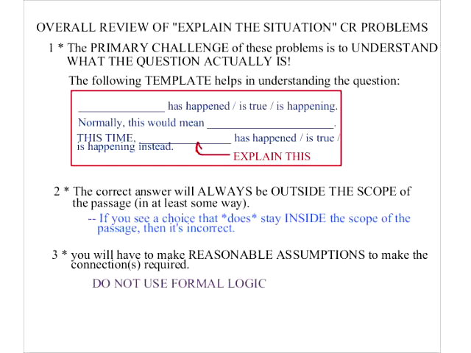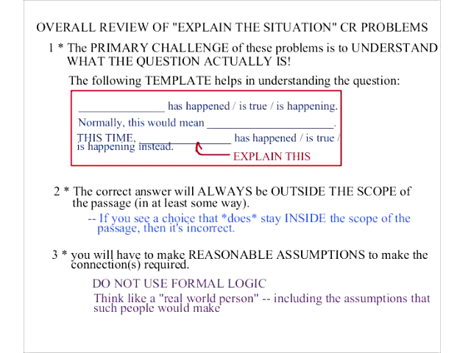Do not put these problems through a NAND gate if you know what that is. Don't do it. No formal logic. Instead, just think like a real world person, including the assumptions that such people would make on the street. In other words, don't think like you're in a classroom. Classrooms are sort of infamous for making people stupid. I can elaborate on that comment later, but you've got to think like you're out there on the street.